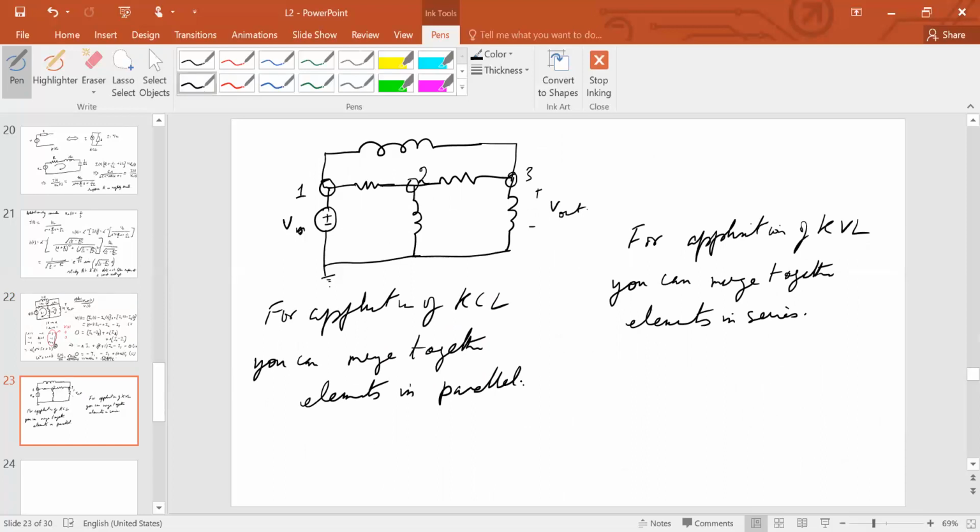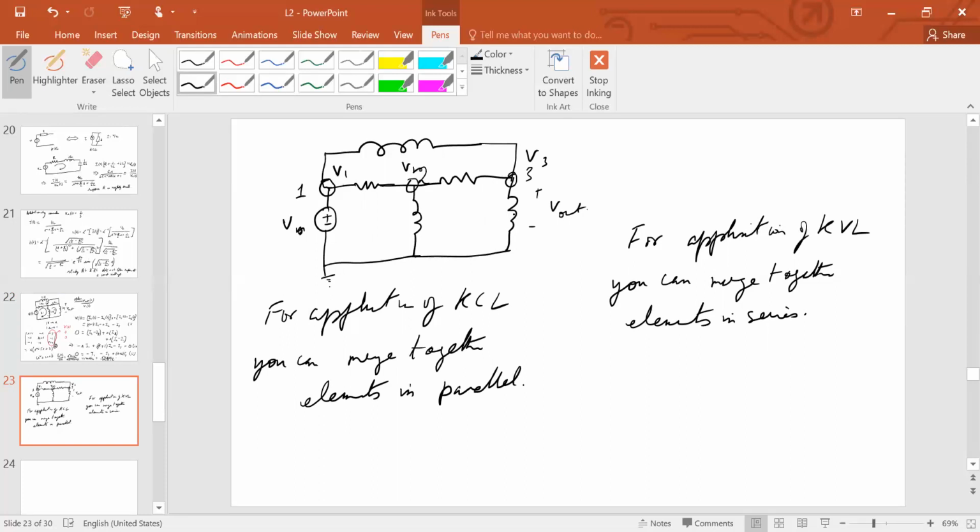Because when you're doing KCL, basically your quantities being evaluated are voltages. You'll call these voltages, let's say V1, V2, these node voltages V3. So when you have parallel elements, for example, if you had, say for instance, a resistance in parallel with this, for the purpose of this particular terminal, this particular node here, the voltage drop would have been identical. Yeah. So you could have merged them together, these parallel entries.